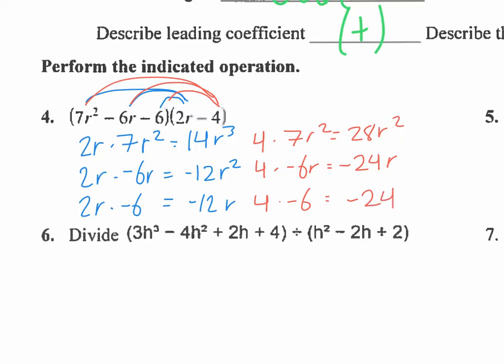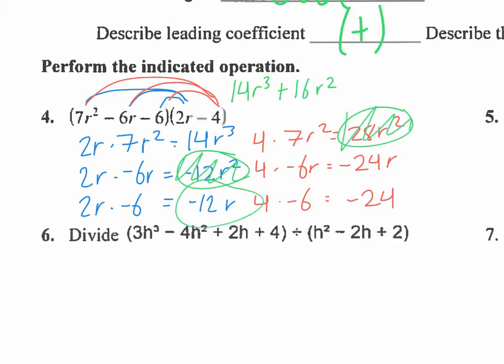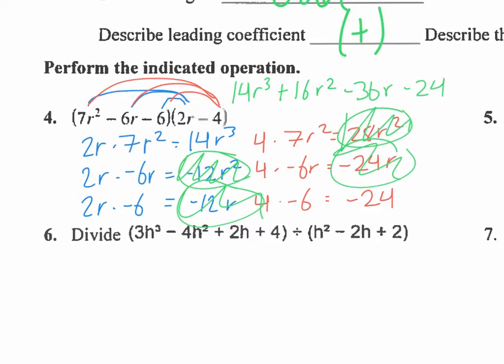I'm running out of room, but that's okay. I'll write it up here. So 14r cubed, that's the only one. Then combining these gives me positive 16r squared. Then combining these gives me negative 36r. And then I finally just have a negative 24 at the end. So that's the answer to number 4.